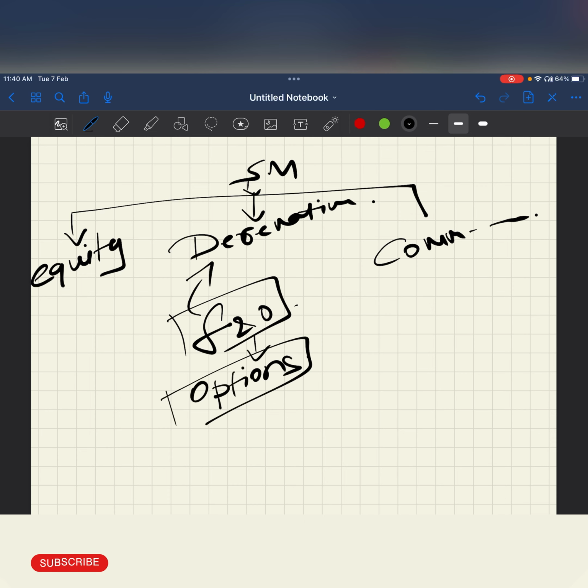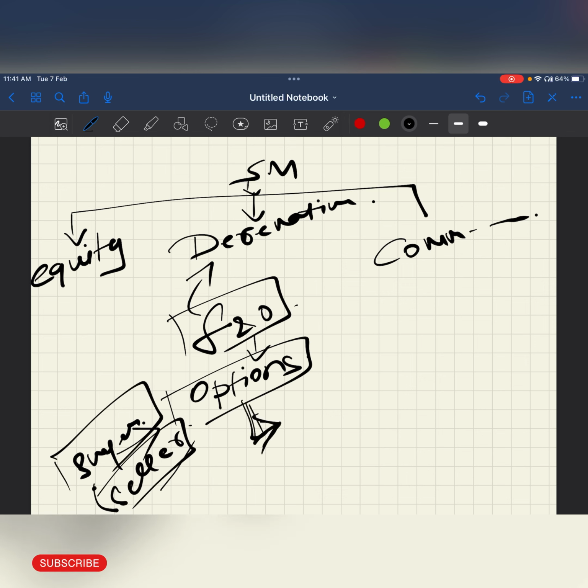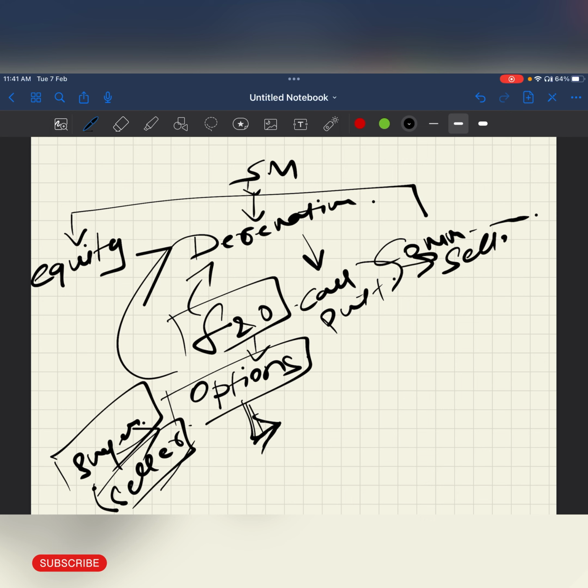In F and O, we have two choices: either we can be an option buyer or an option seller. So options are part of the derivative segment in which we buy calls and puts. Instead of buying, we can prefer selling also.